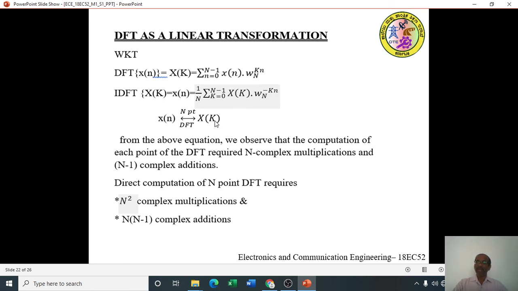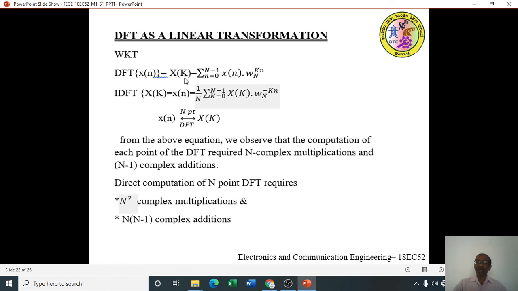To compute the N-point DFT of a sequence, from this equation, the summation is varying from 0 to N minus 1. So you require N products. To add these N products, you require N minus 1 adders. But this formula is repeated for k varying from 0 to N minus 1, meaning N times.